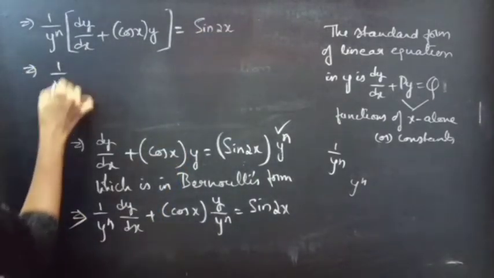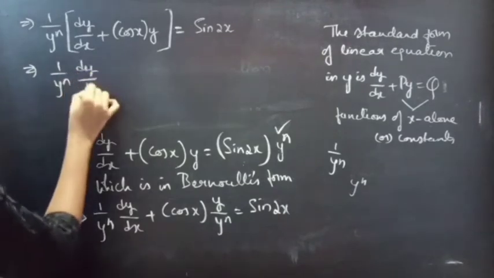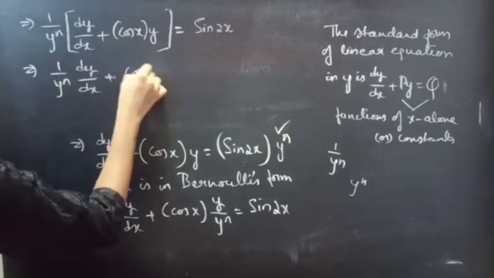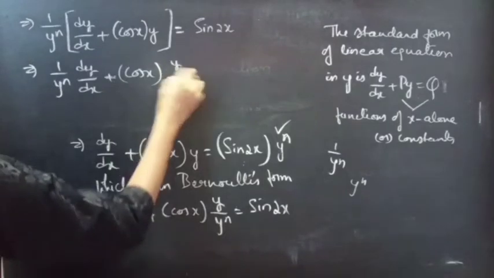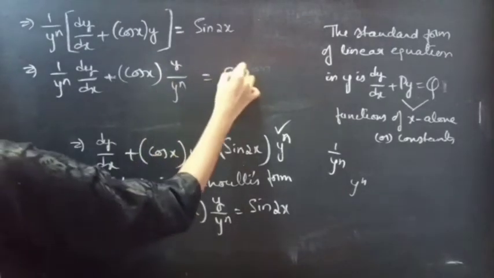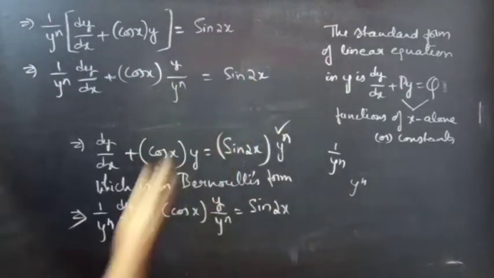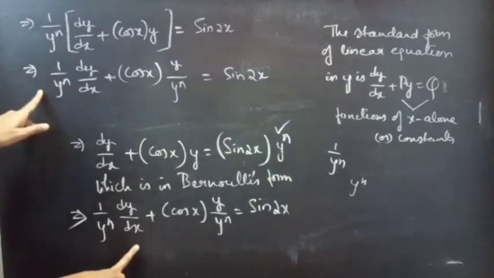Then you'll get 1 by y power n into dy by dx plus cos x into y by y power n equals sin 2x. Again you'll get the same thing.